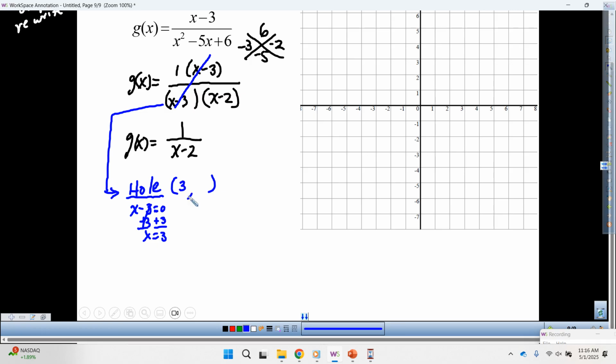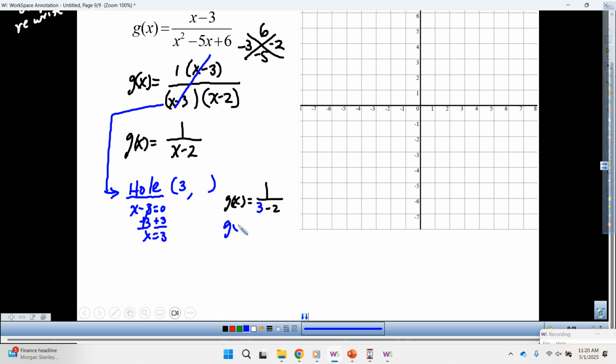So that gives me a coordinate of x equals 3. But now I'm missing a y coordinate for my hole. Where did I get my y coordinate or my g of x? Oh, from the new equation that we have. So the new equation that we have is what? G of x equals 1 over x minus 2. But instead of x, what am I going to use, everyone? 3. That is correct.